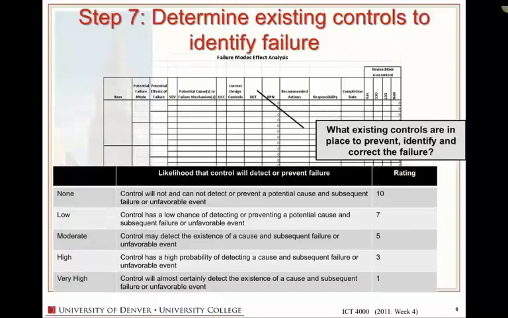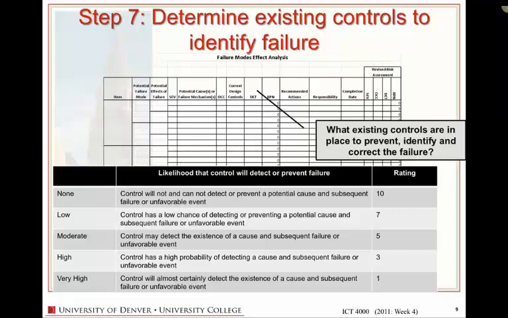And then we want to understand what current design controls are in place. What is in place to actually notice that failure? What meters, what alarms, what gauges, what processes, whatever will actually detect that failure or prevent that failure from occurring. Then for each one of those current design controls, you want to evaluate the likelihood that the control will detect or prevent that failure.